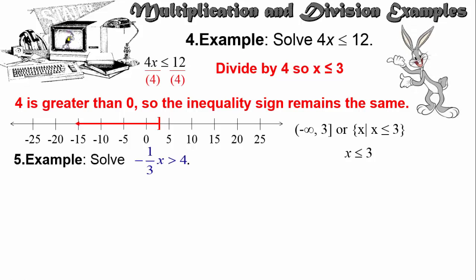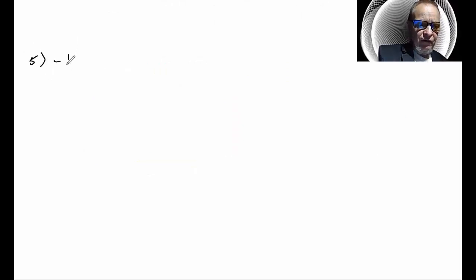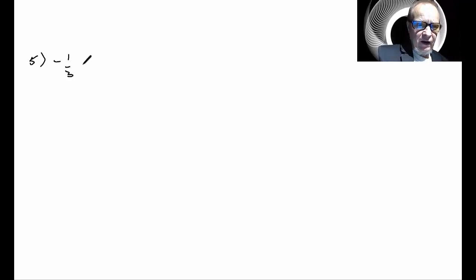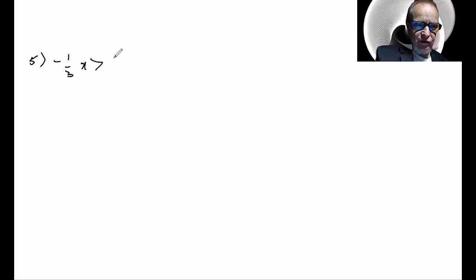In example number 5, we're asked to solve negative 1 over 3x is greater than 4. For this example, we'll work this one out on the whiteboard. We have negative 1/3 x is greater than 4.